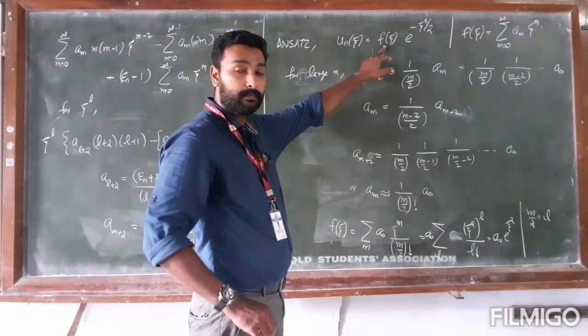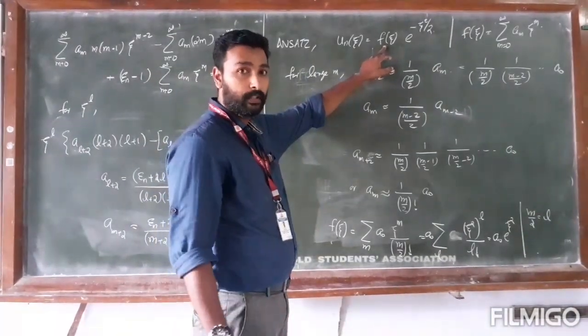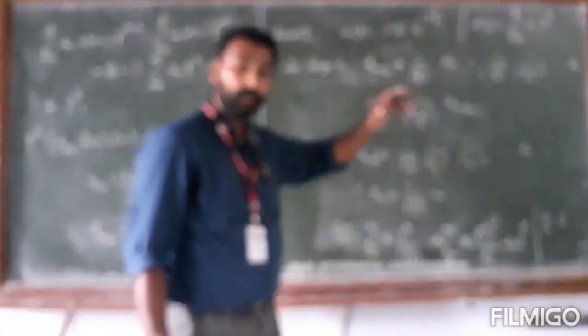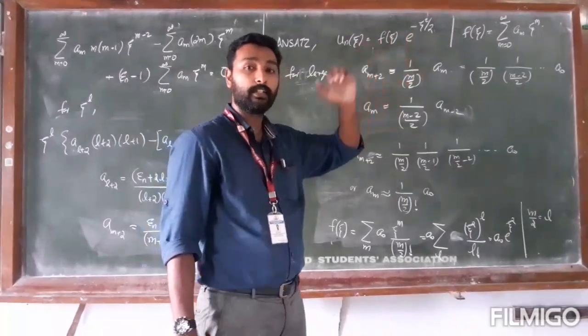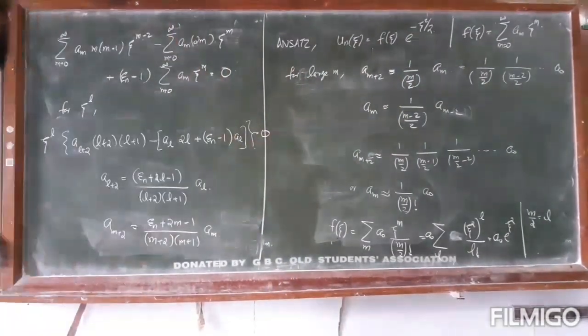That will not obey the normalization condition, the convergence condition, because if un of theta is e raised to theta square by 2, that will diverge when theta tends to plus or minus infinity.